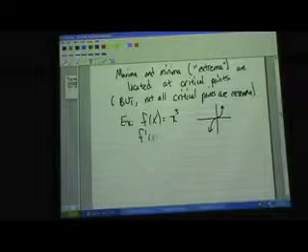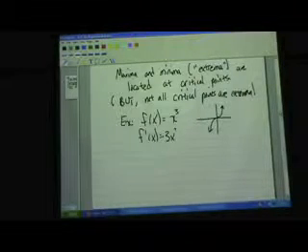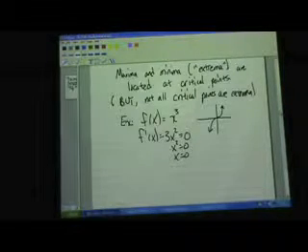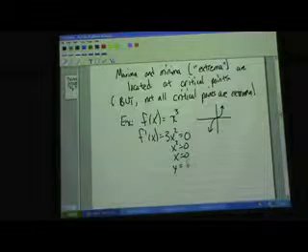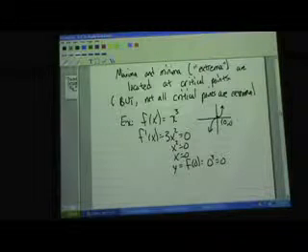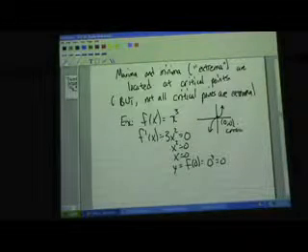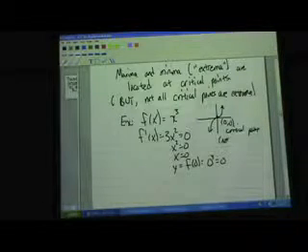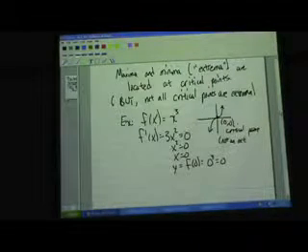If you take its derivative and get 3x squared and set that equal to 0, divide by 3 and take the square root, you get x equals 0. To get the y value, you always go back to the original function. So 0 comma 0 is a critical point, but notice that it's not an extremum.